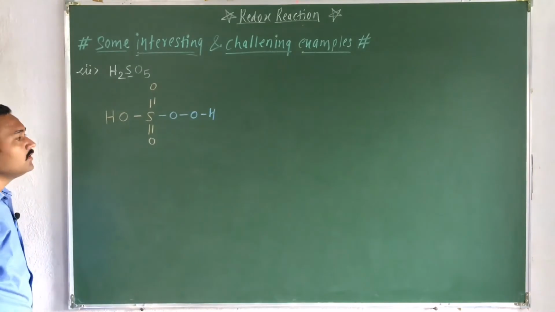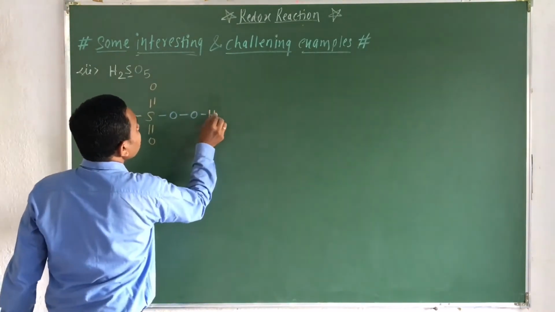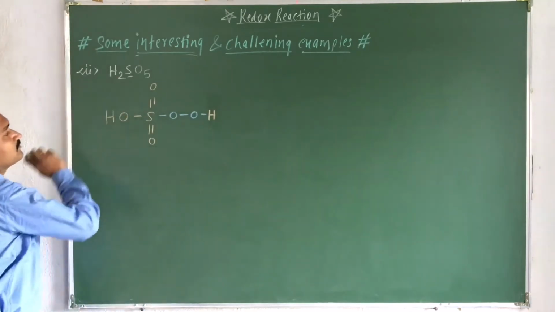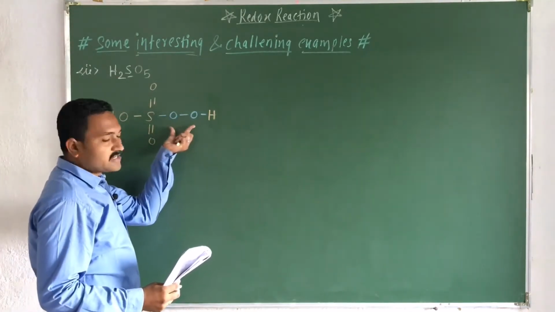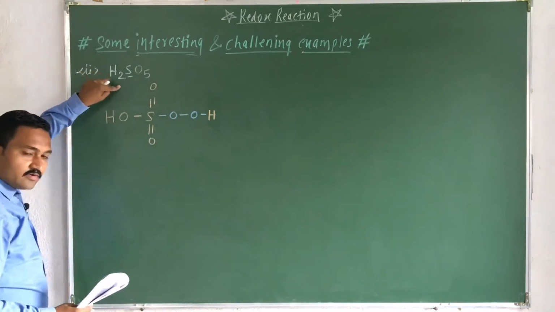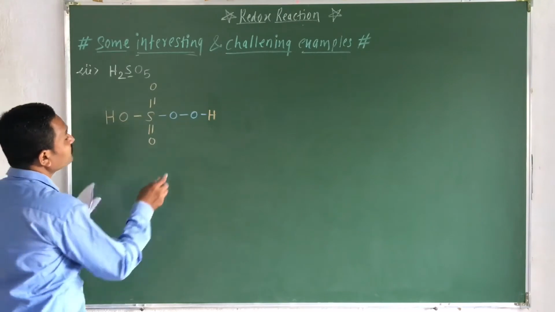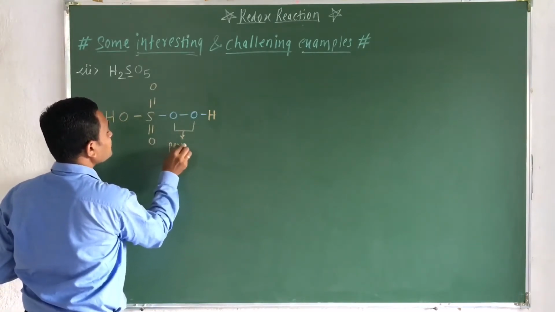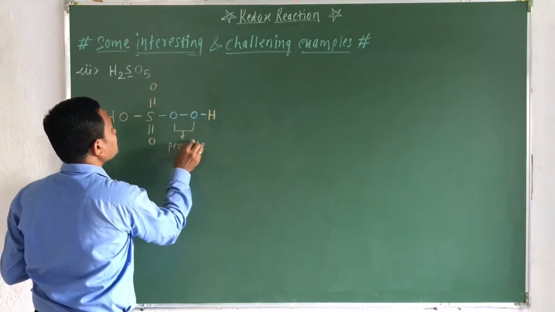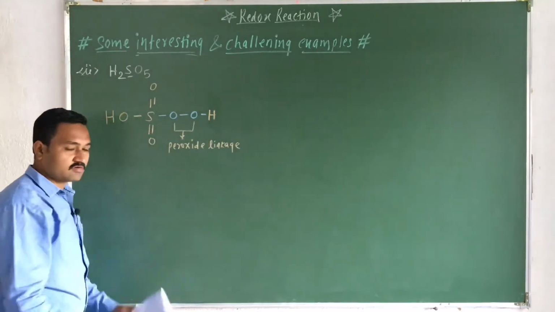Again remember students, if I consider the structure of this particular molecule, I find that the two oxygen atoms in this molecule form a peroxide linkage. This linkage is your peroxide linkage.